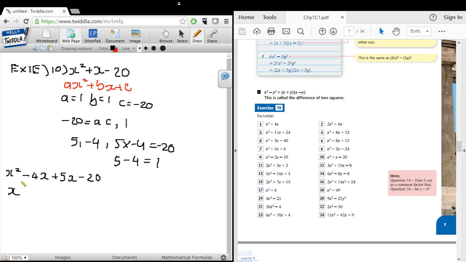So let's look at the first two terms, and then we'll leave the latter two terms as another set. So between x squared and the minus 4x, we can tell that there is a similarity of an x and an x only. So we take x and then we're left with x minus 4.